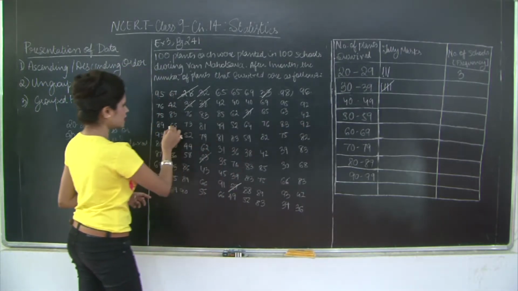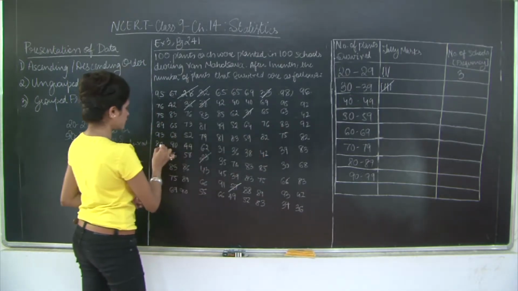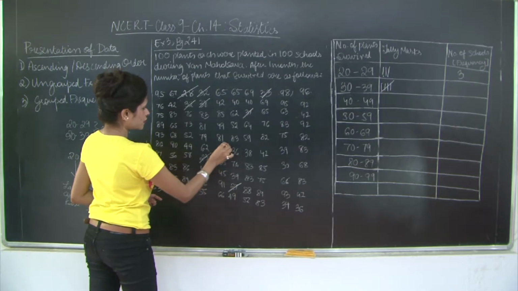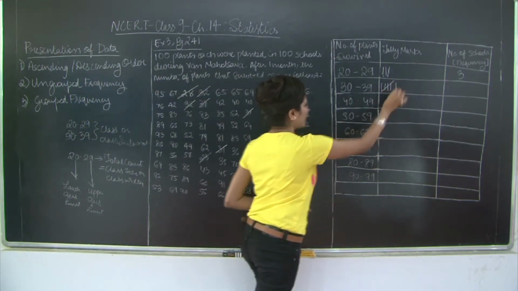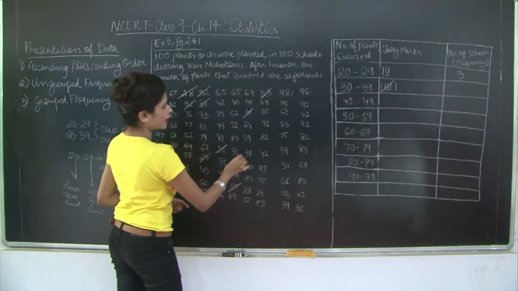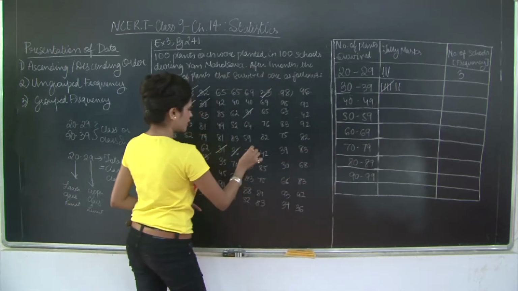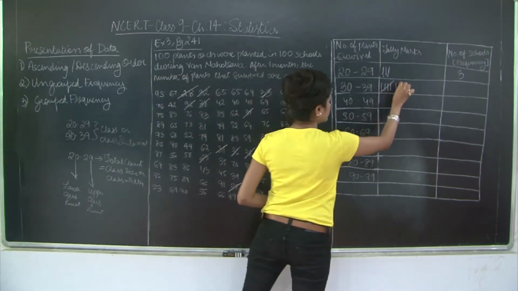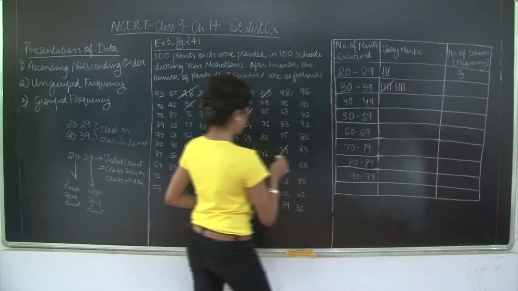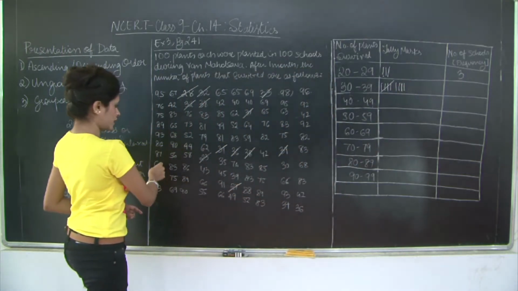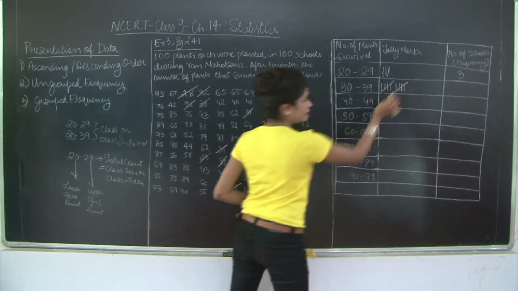Now let's check. This row, none. This row, none. This row, yes. Then you have 36, so another one. Then you have 38, so another one. Then you have 39, so another one. Then you have 35, so again a group of 5.